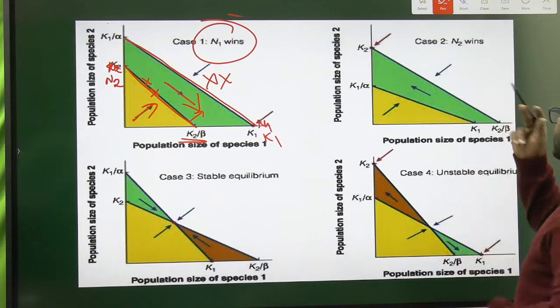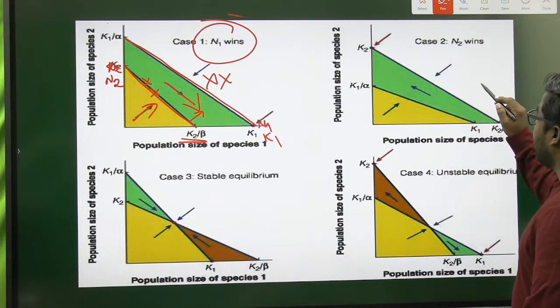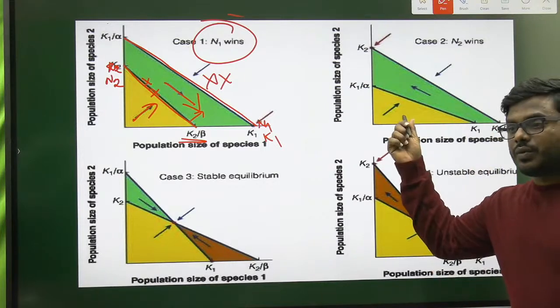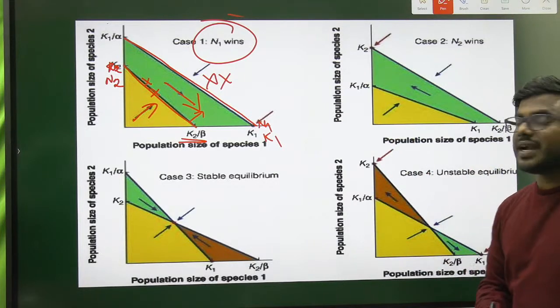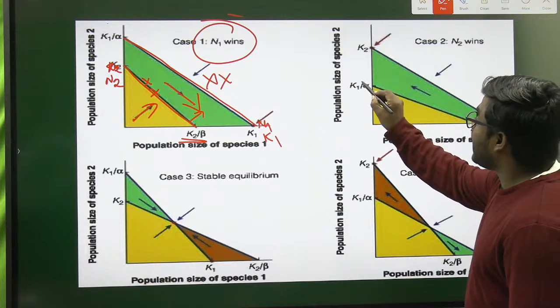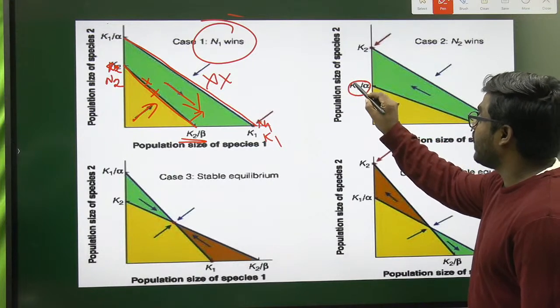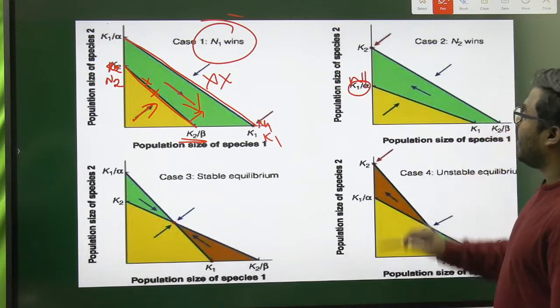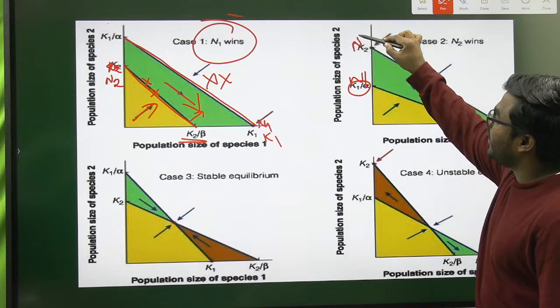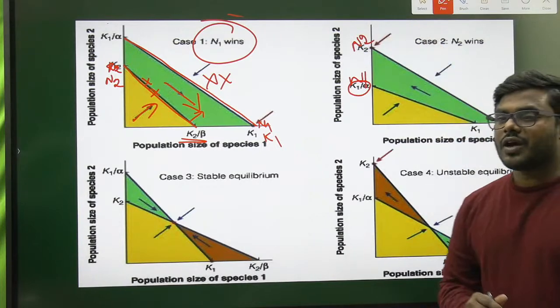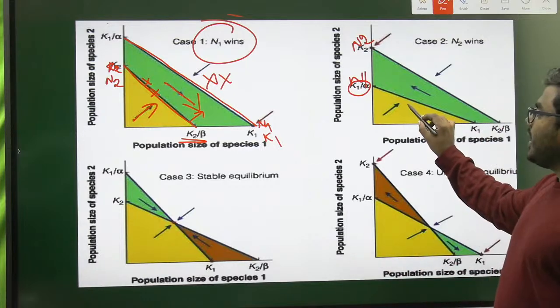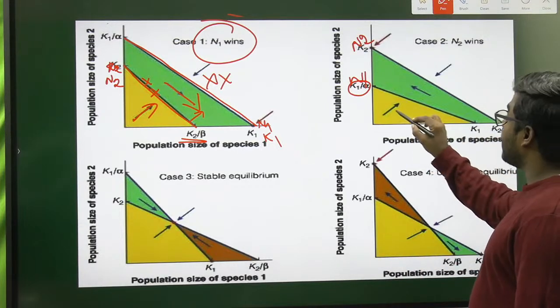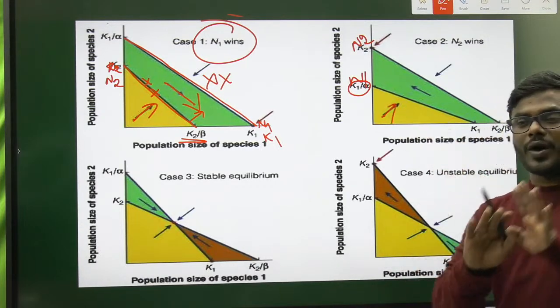Now, look into the second one. If you look into the second one, what you can understand here is that this is the isocline point of N1 and this is the isocline point of N2. What all of you can tell me very clearly? Undoubtedly, N1 can grow below its isocline point.